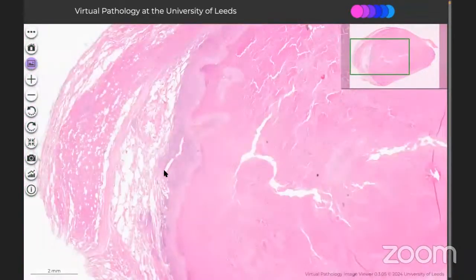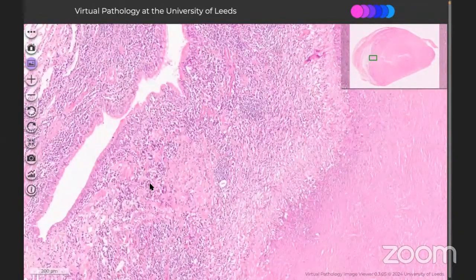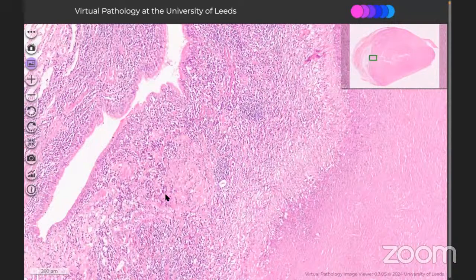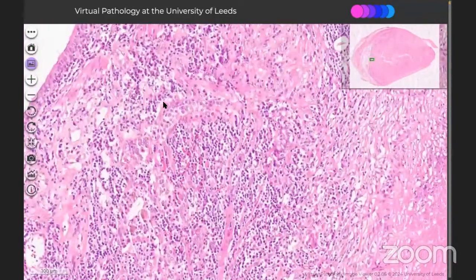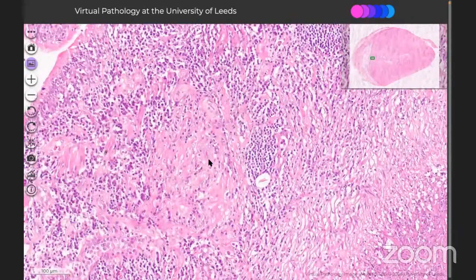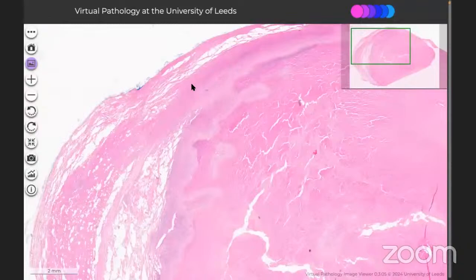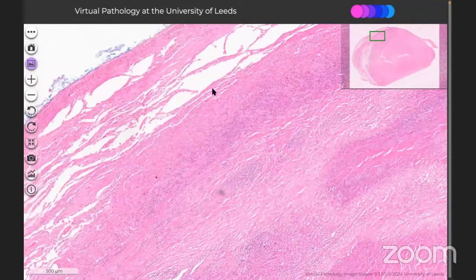Okay, so this is vasculitis going on at the side of the necrotic area, and there are few scattered areas which have this kind of granulomatous lesion which is yet to undergo necrosis.